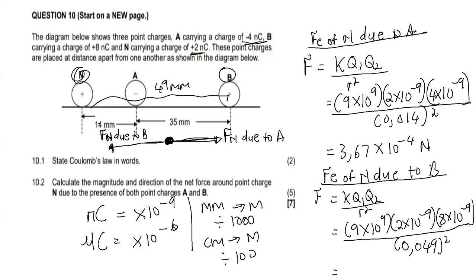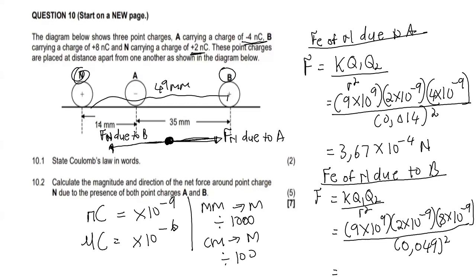Now if we punch all that into our calculator, we have 9 times 10 to the exponent of 9, times 2 times 10 to the exponent of negative 9, multiplied again by 8 times 10 to the exponent of negative 9, and then divided by 0.049 squared.